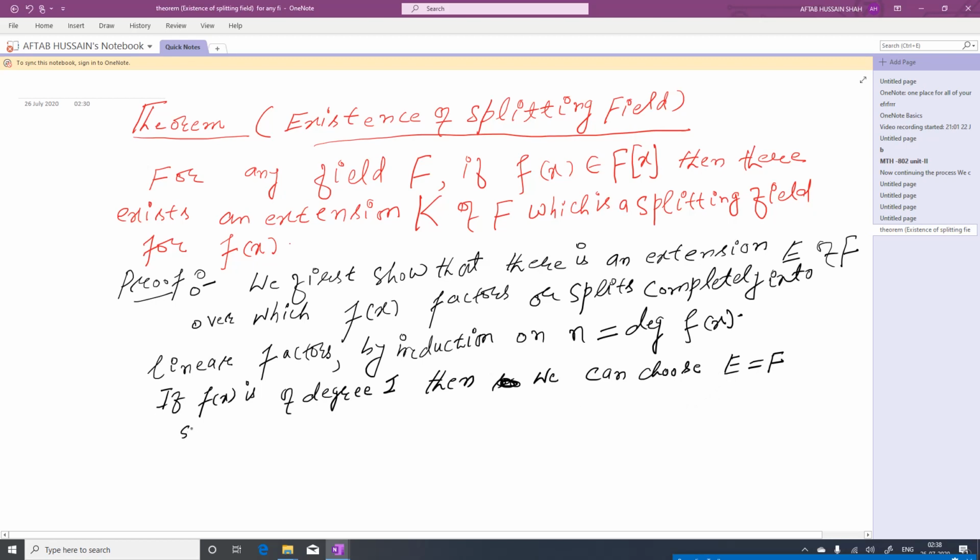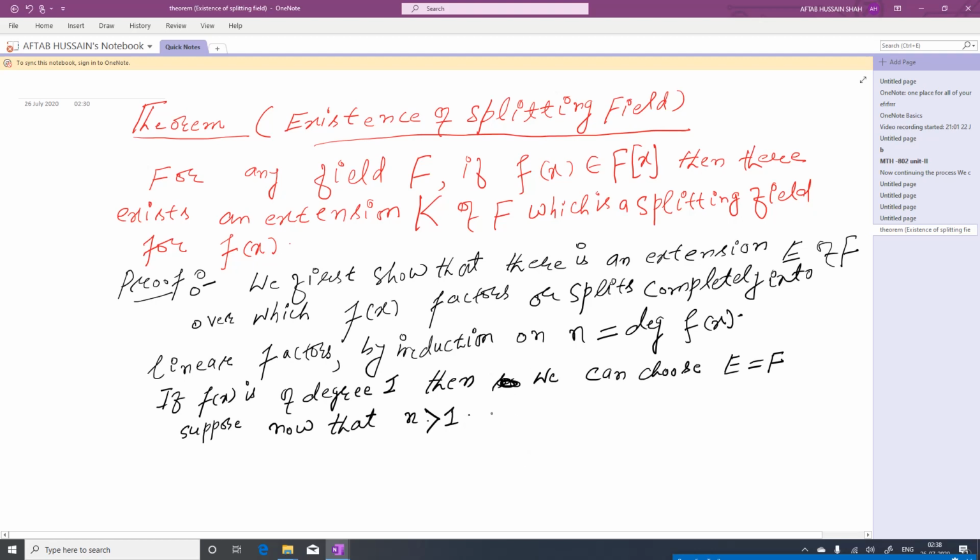Suppose now that n is greater than 1, the degree of the polynomial is greater than 1.